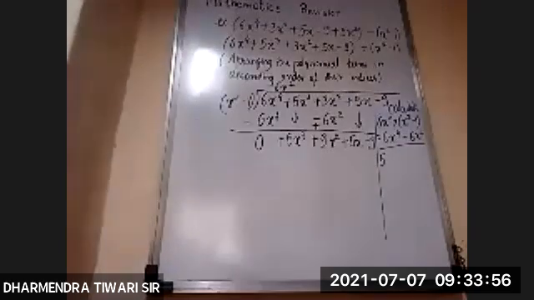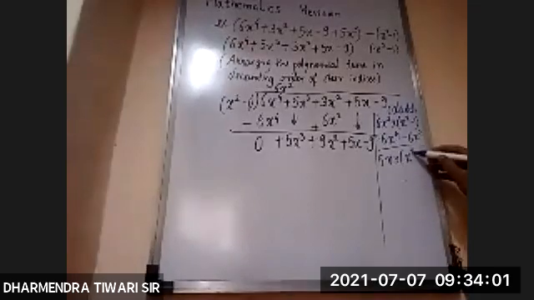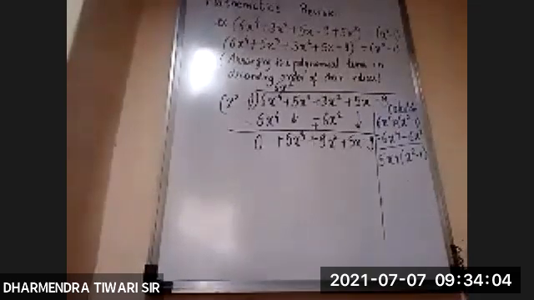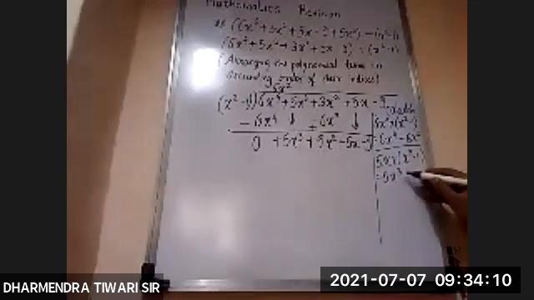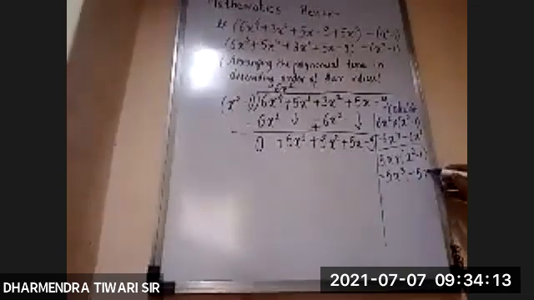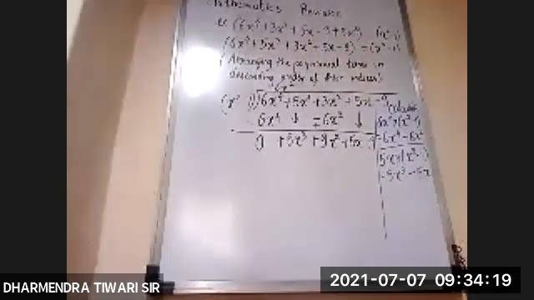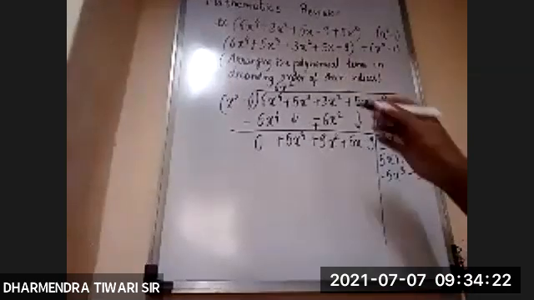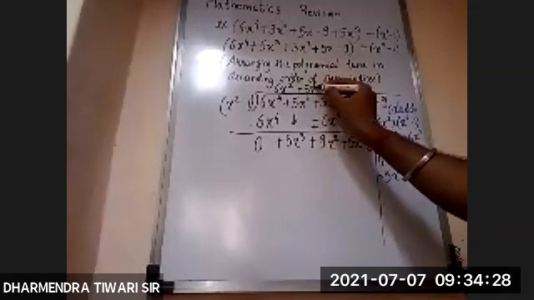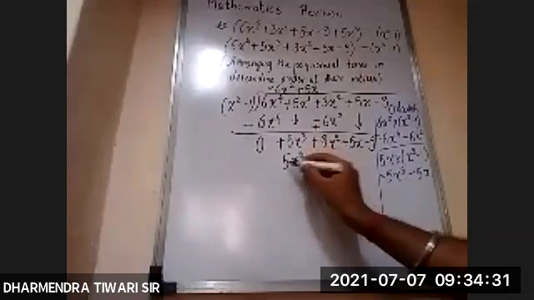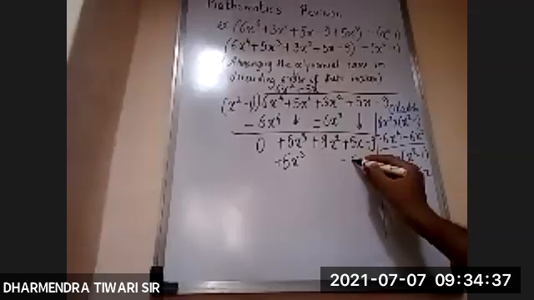So the calculation: we will take 5x. Our divisor is x square minus 1. You just multiply 5x into x square, which is 5x cube, and again minus 5x. Multiplying with plus 5x, we get plus 5x cube and minus 5x.